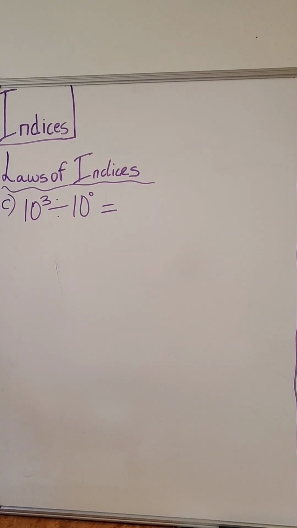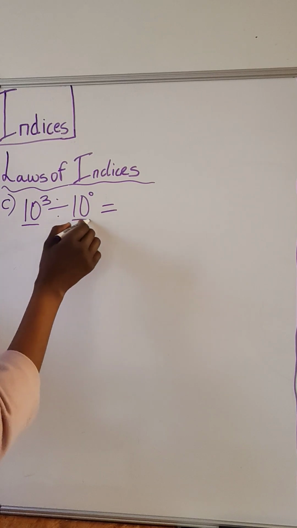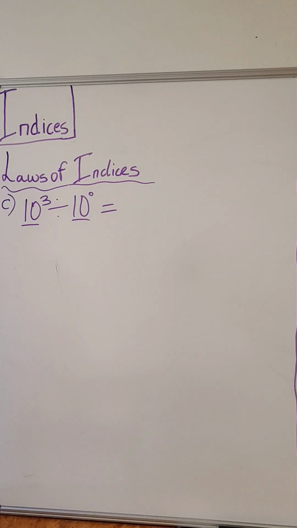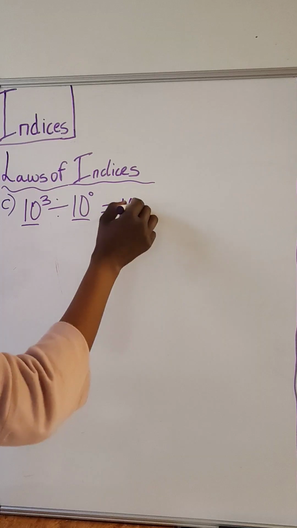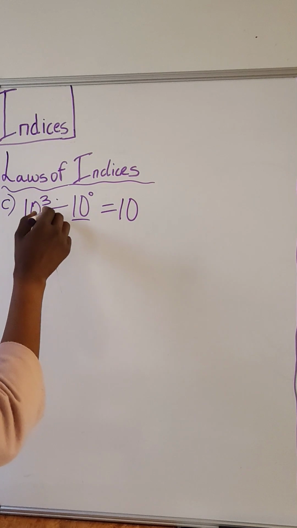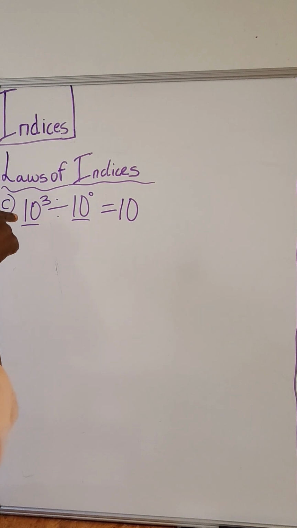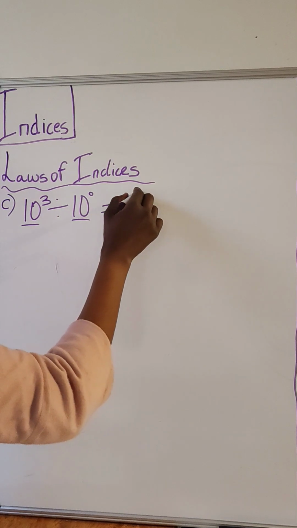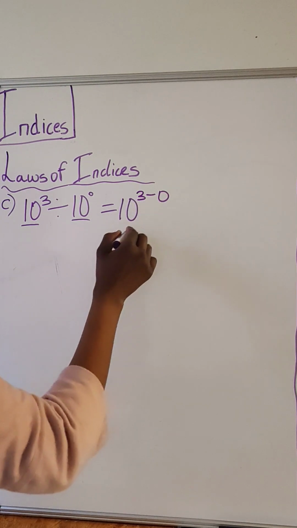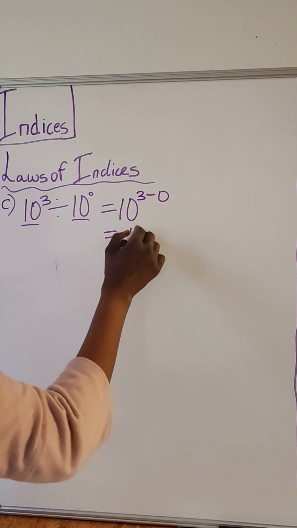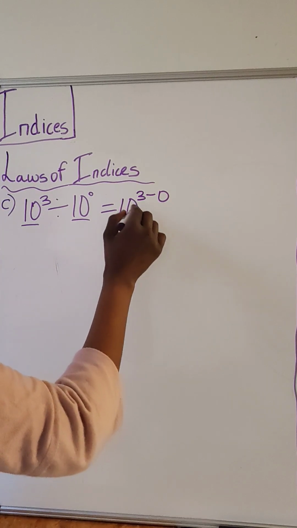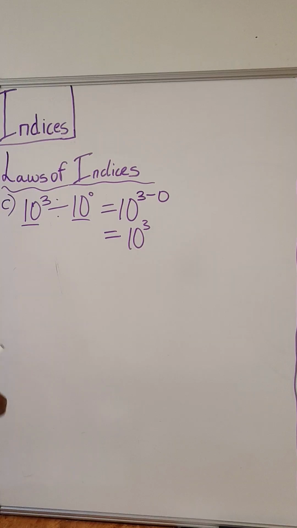So I want to do it in 2 ways. First, since the bases are equal, I pick one. Now, since the operation between the numbers is division, I'm going to subtract the exponents. So I'll have 3 minus 0, which gives 10 raised to power 3, because 3 minus 0 is 3.